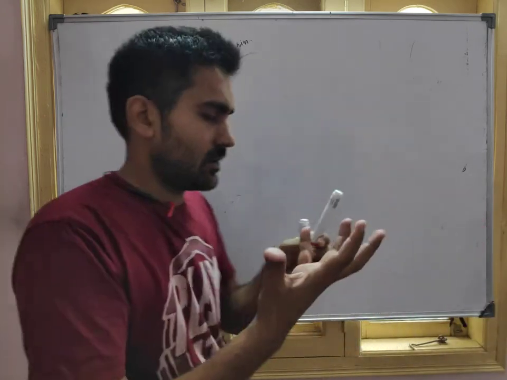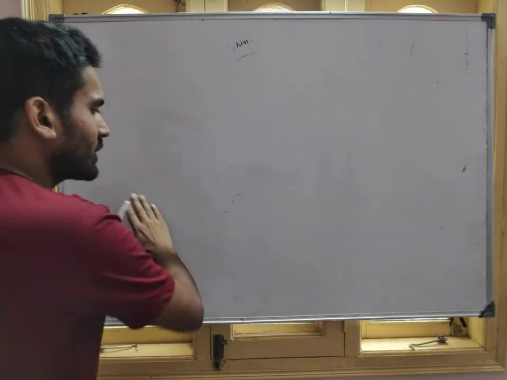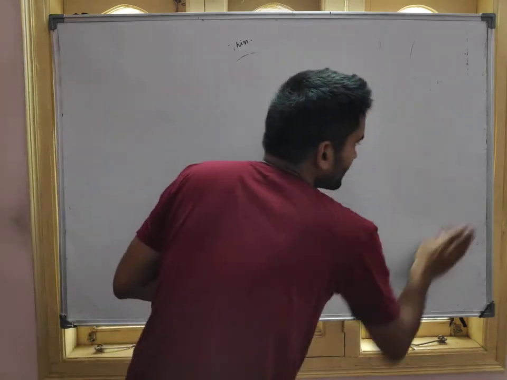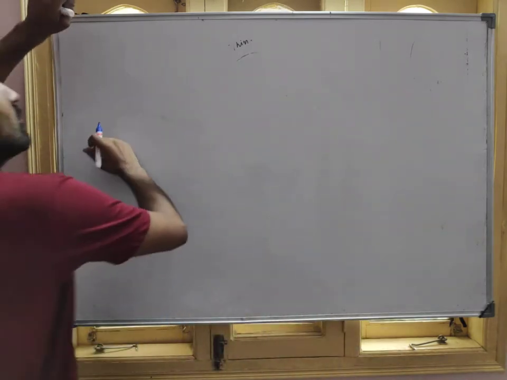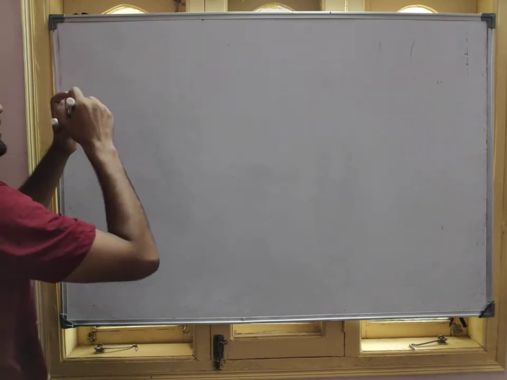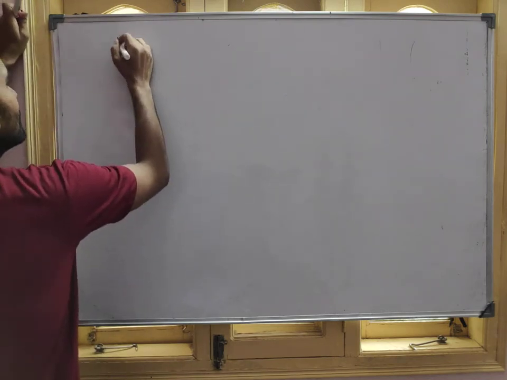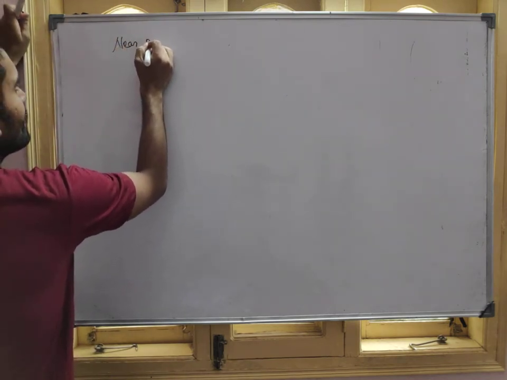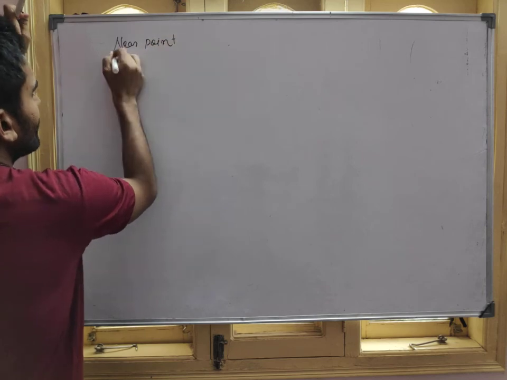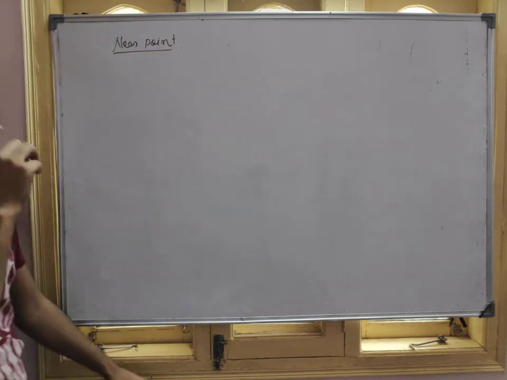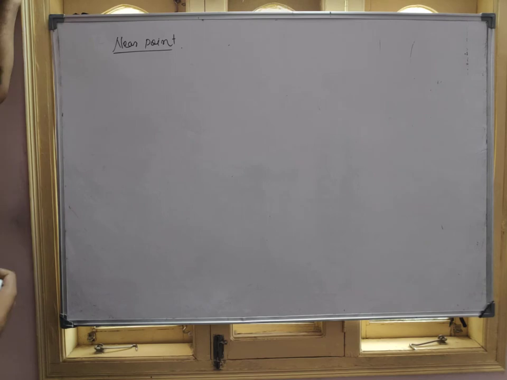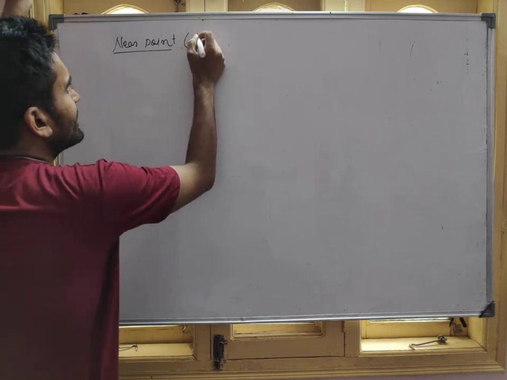It will get blurred. So let's see up to what point we can see the image. So write down the heading: near point. Okay, so the near point we see here, or we can say it is the least distance.